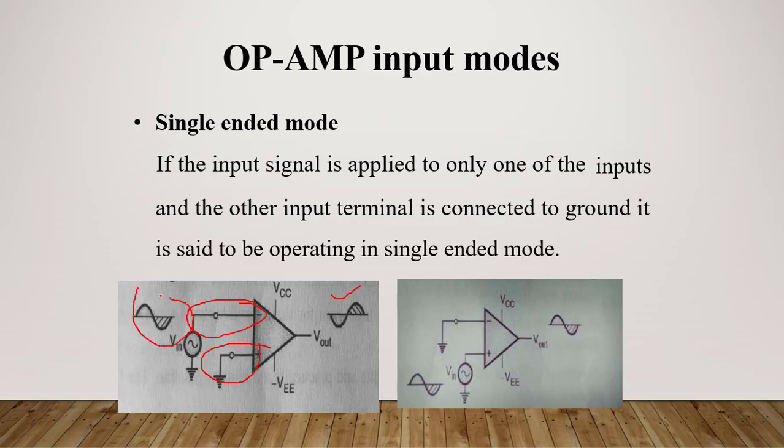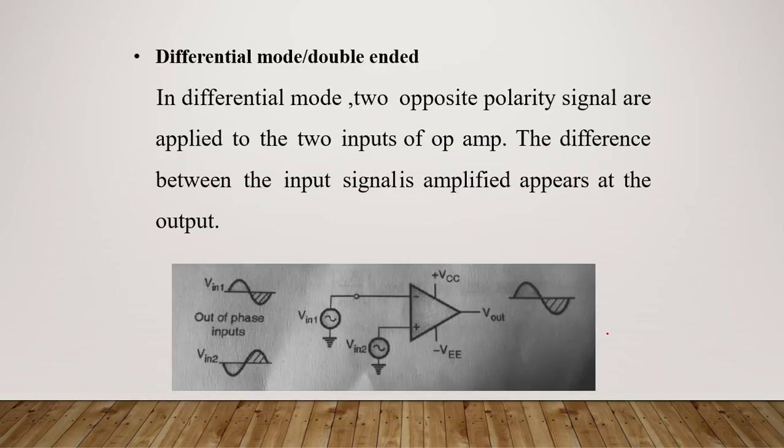If I give an input like that, I am getting a 180 degree shift on the output side. If negative is grounded and plus I am giving some V in, whatever input I have given, I am getting exactly the same, so it is called non-inverting. These are single mode. In double mode, we have differential amplifier or common mode.